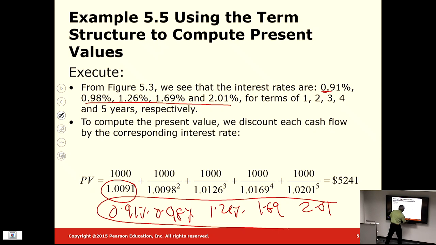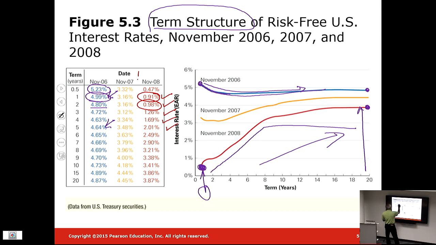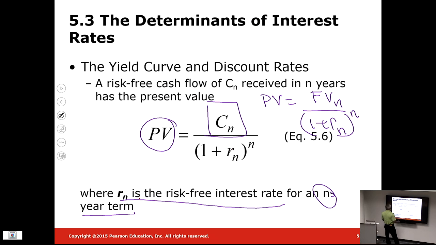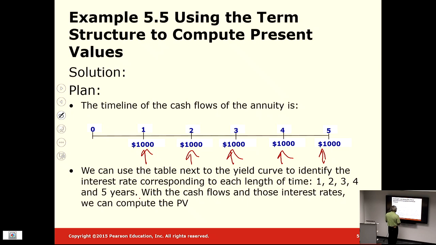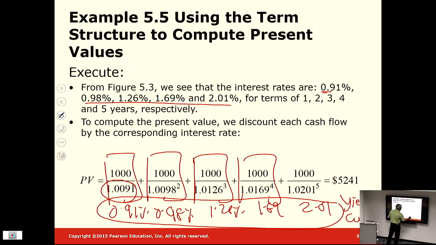I got this from the yield curve, which is over here. The yield curve over here for November 2008. Now I put this into this equation over here. I calculate each present value separately, and then I add them up.